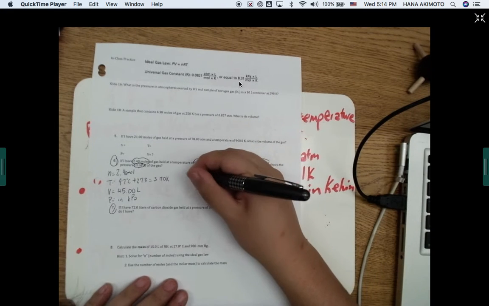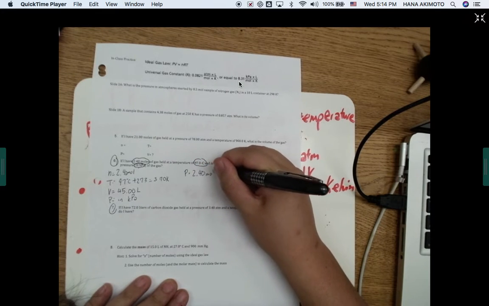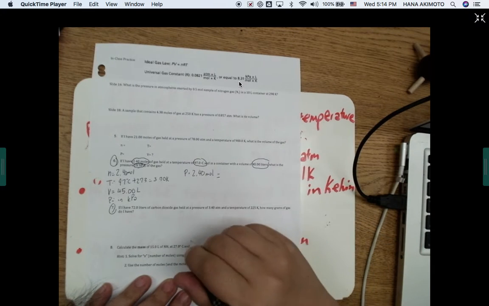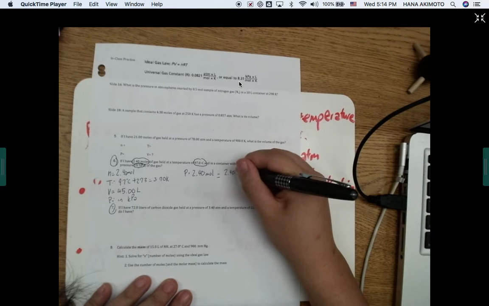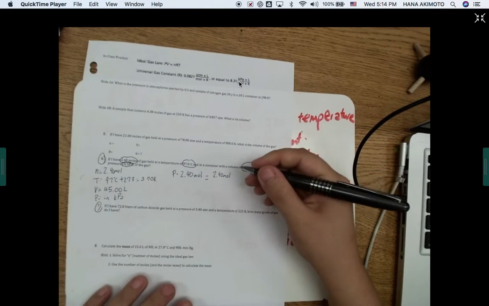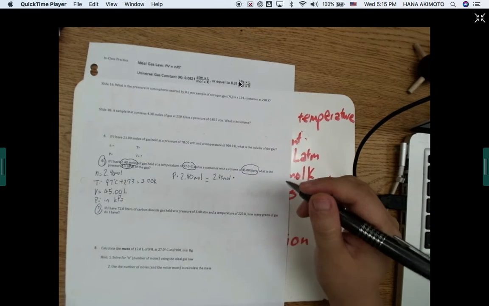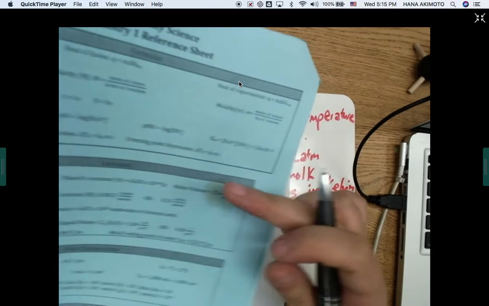So P times 2.40 moles is equal to nRT, so it's going to be 2.40 mole times the gas constant, which again, because I'm doing it in kPa, I'm going to use this number instead.